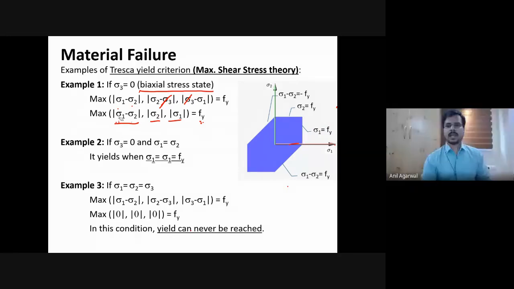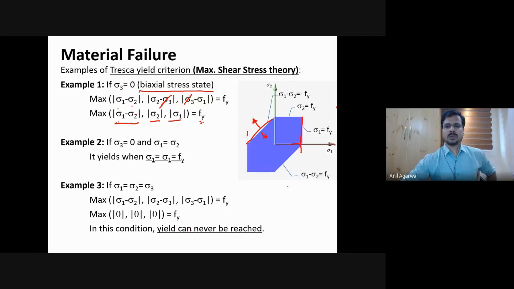Likewise, I can draw sigma 2 minus sigma 1 is equal to Fy. Sigma 2 minus sigma 1 is equal to Fy will be this line. And again, the failure will happen when sigma 2 minus sigma 1 is greater than Fy. That is, then you go there, that is failure. But as long as you are inside that line, you are safe. Okay. So likewise, if I draw sigma 1 is equal to Fy, I will get this line.